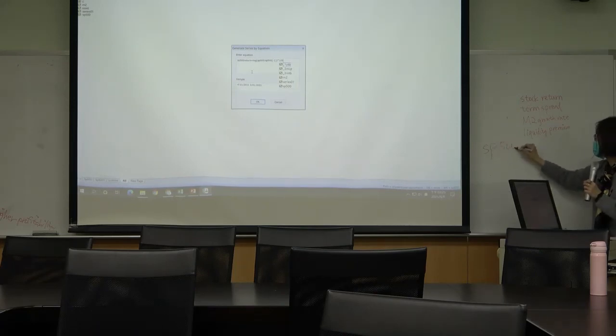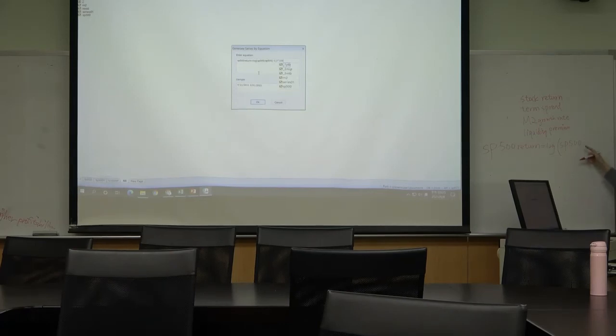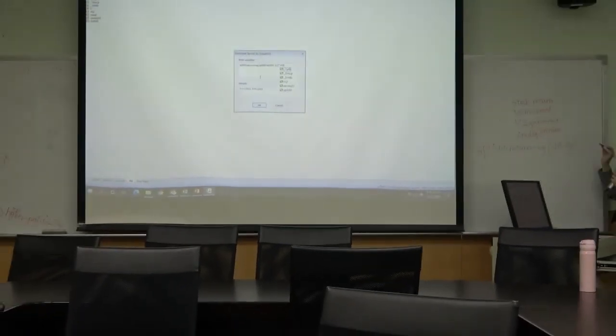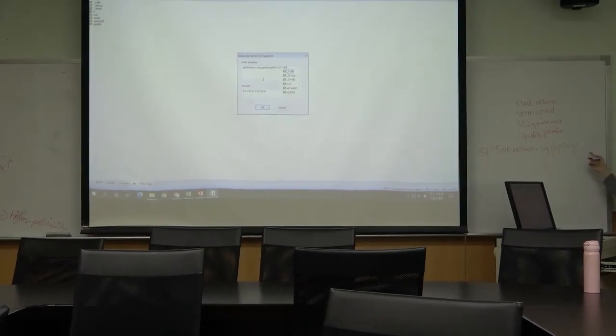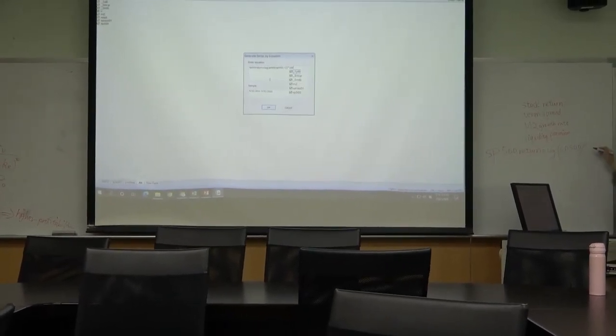Equals log, no space. Inside the parenthesis, the first SP500 means the current term of the SP500 index, divided by the previous observation of SP500.